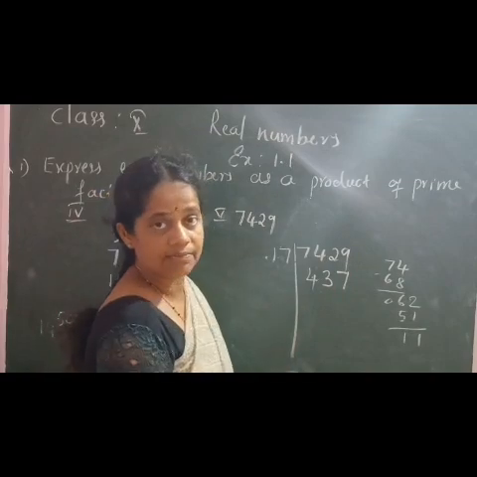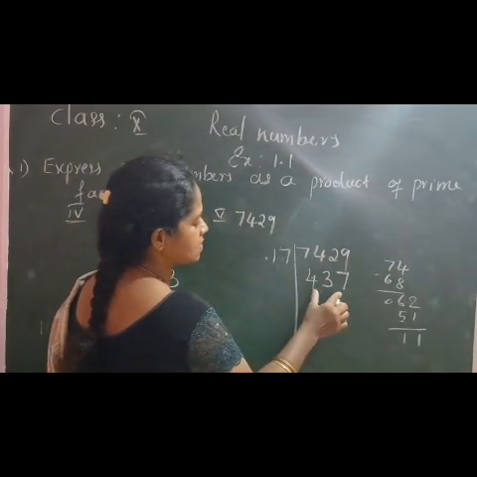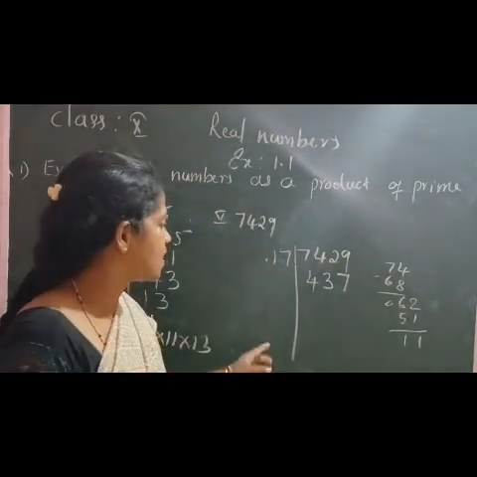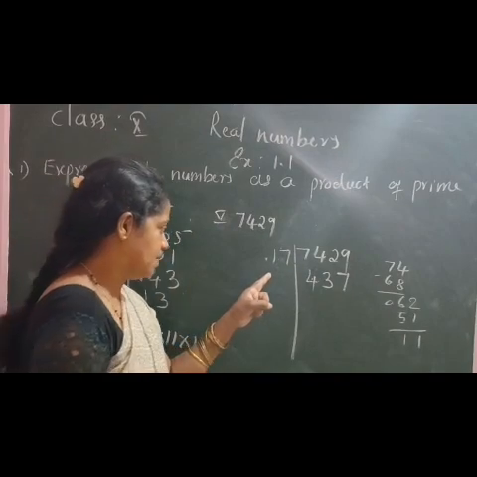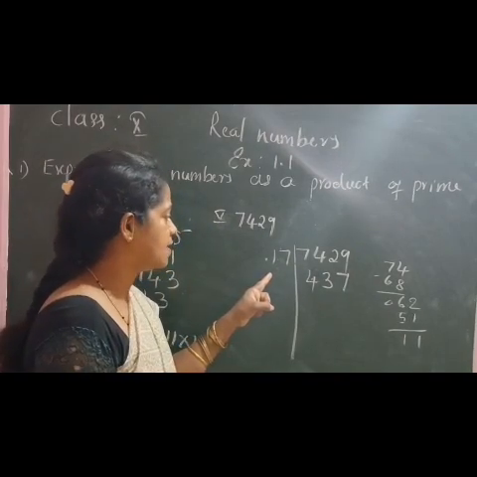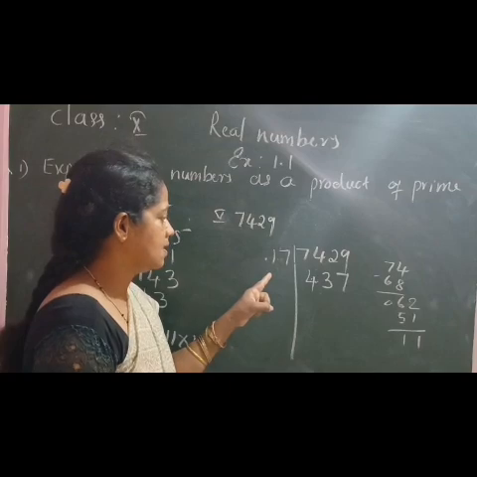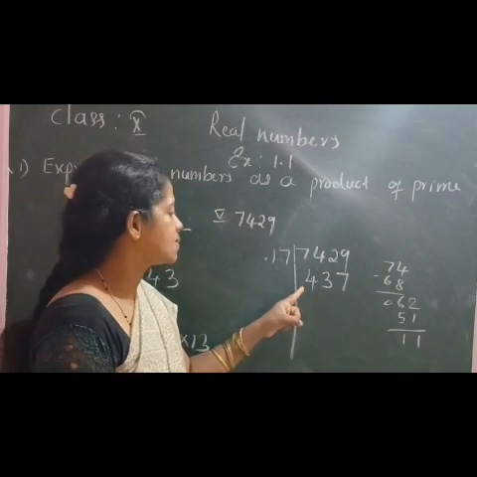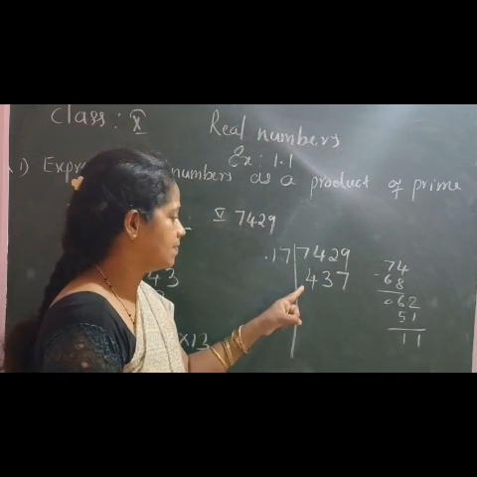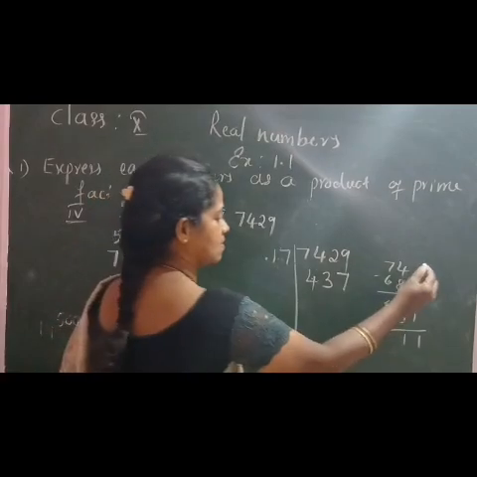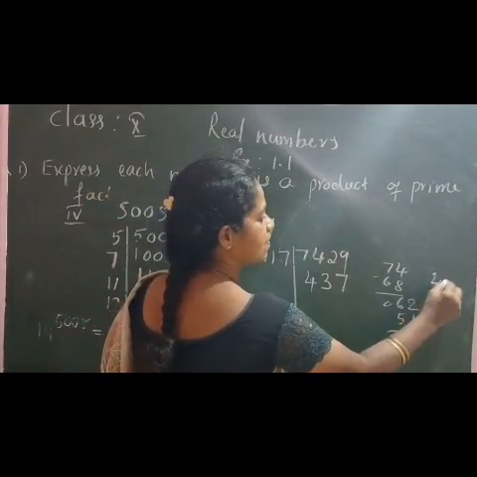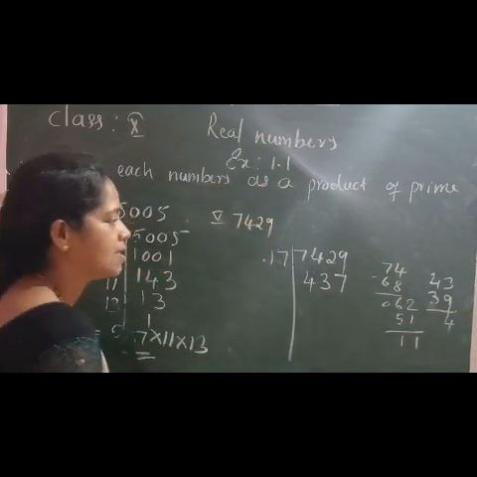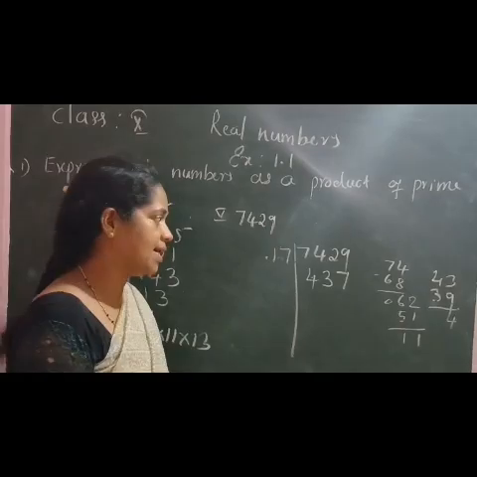You can cross-check here whether the division is right or wrong. The next factor must be a prime number. Whatever number you are writing must be a prime number. Let us check whether it is divisible by the next number. I think it is divisible by 13. 13 times 3 is 39. 43 minus 39 is 4. No, it is not dividing by 13.